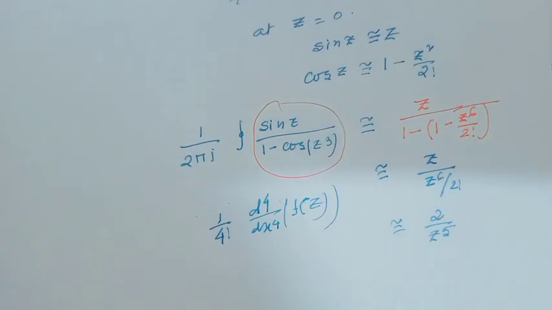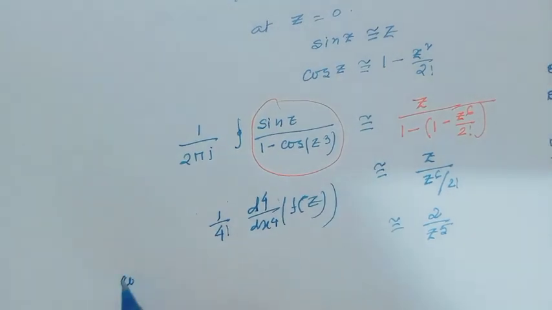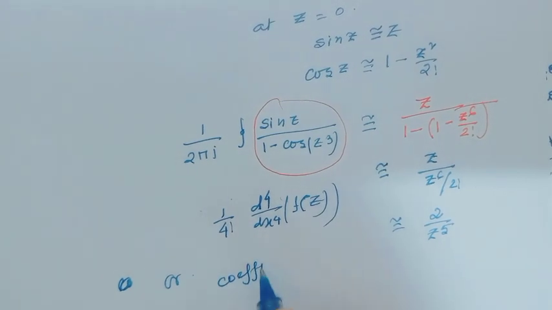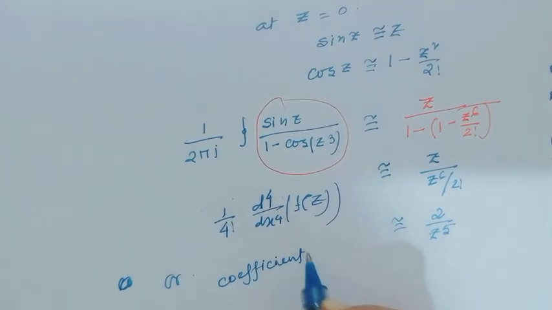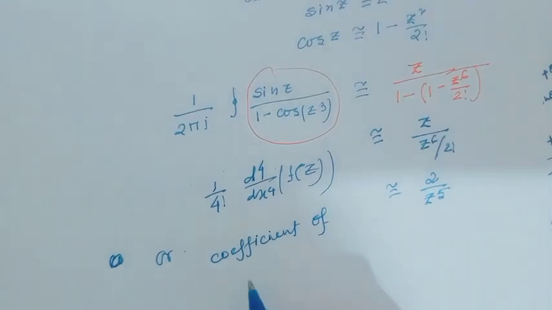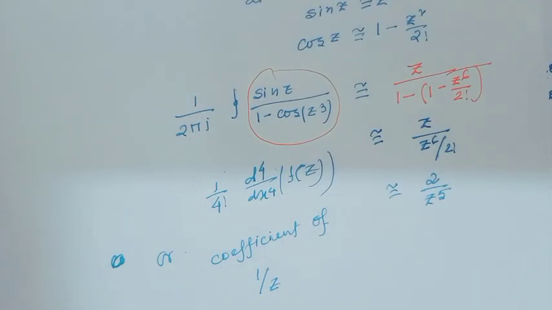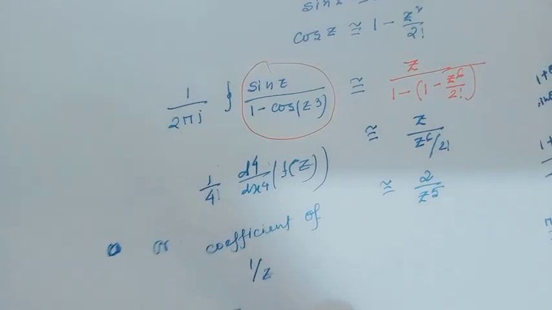This is a very difficult method. Another method is, we all know, the coefficient of 1 over z is the value of the integration.